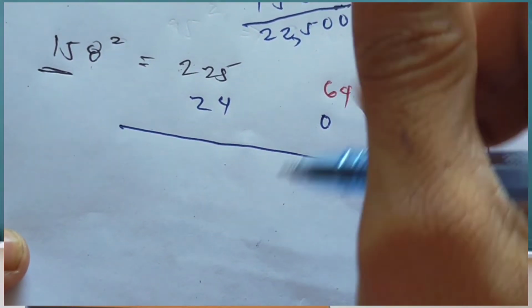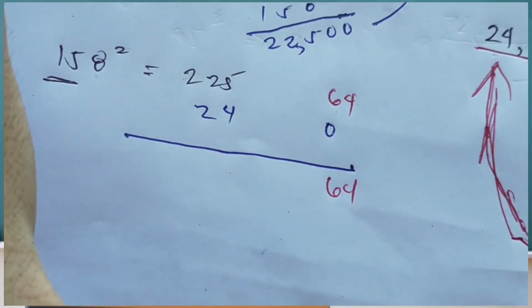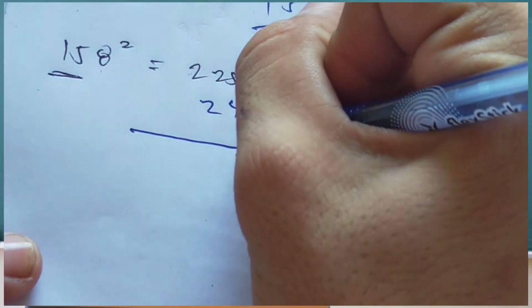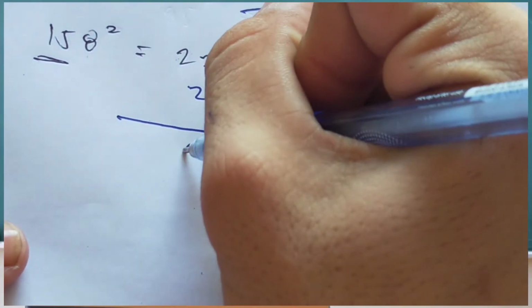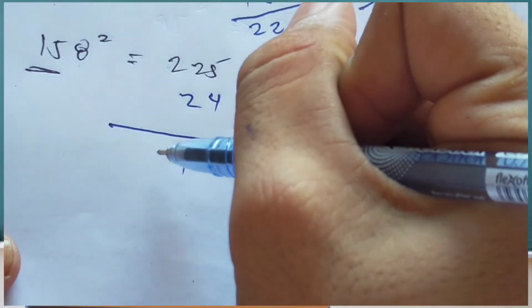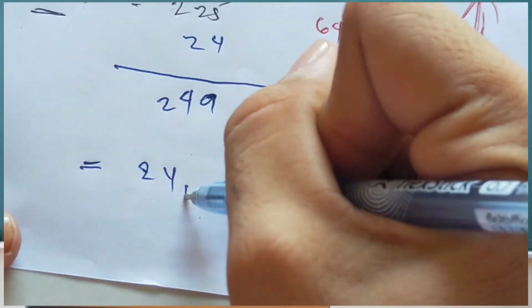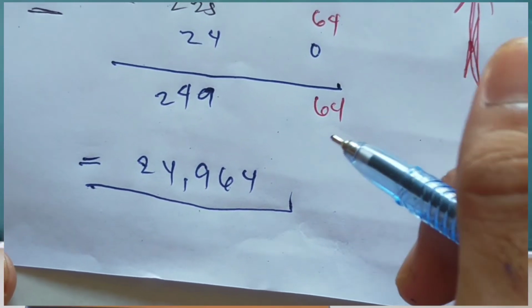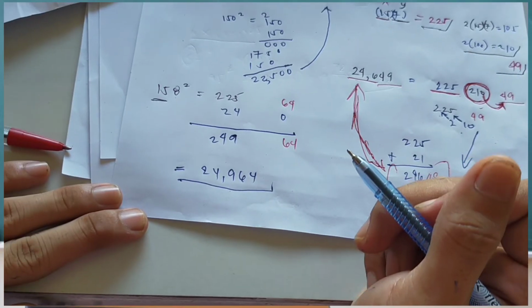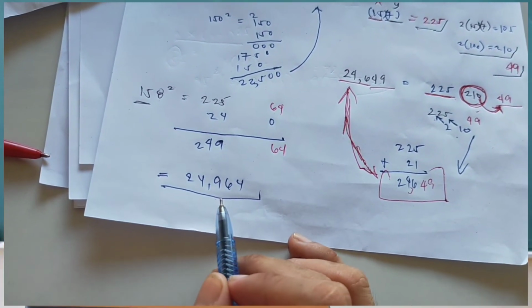That is equal to 64 and then we have 9, 4, 2. So the number will be 24,964. Okay? Right? 24,964.